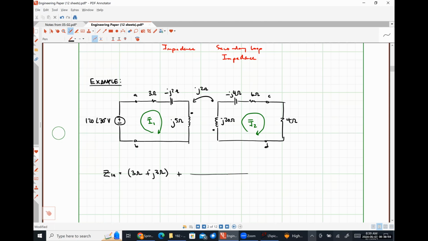What's the impedance of my secondary loop? Not worried about reflected yet, just the straight up impedance of the secondary loop. So what's the real part? 10. 6 plus 4 is equal to 10. Plus j16 ohms. All right.